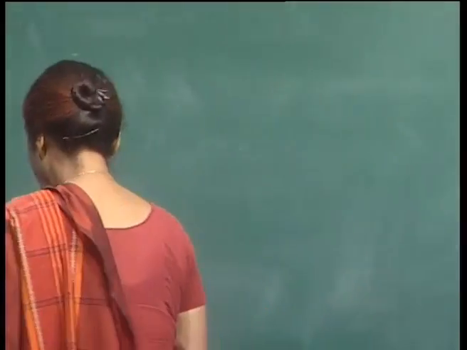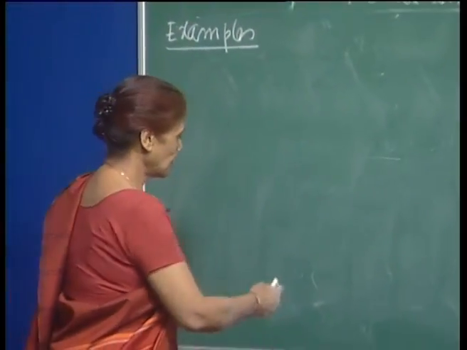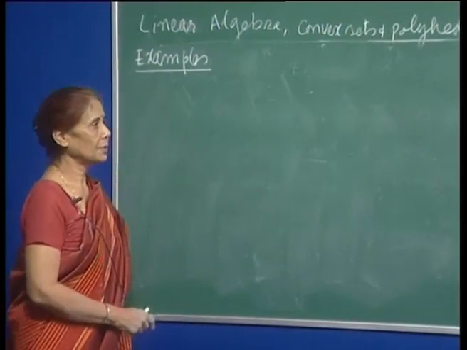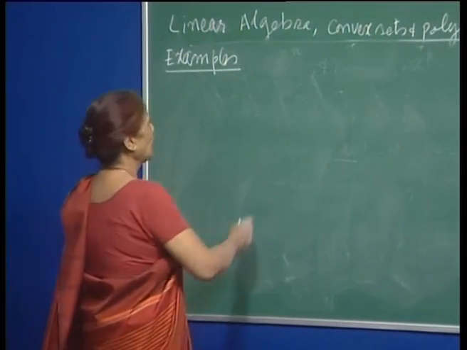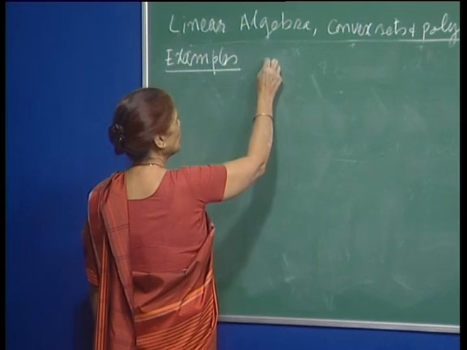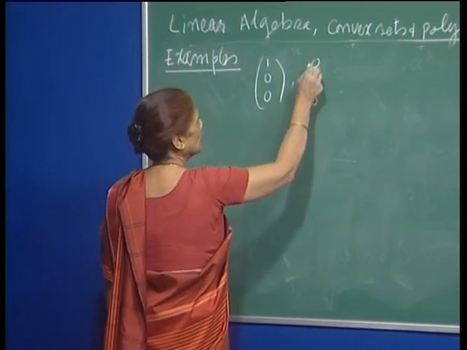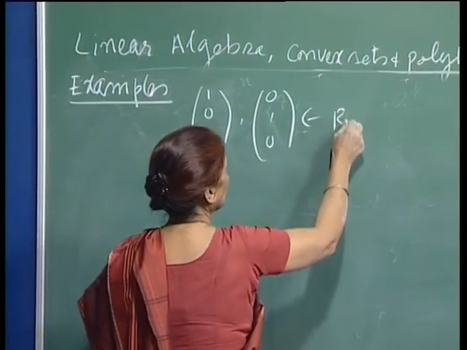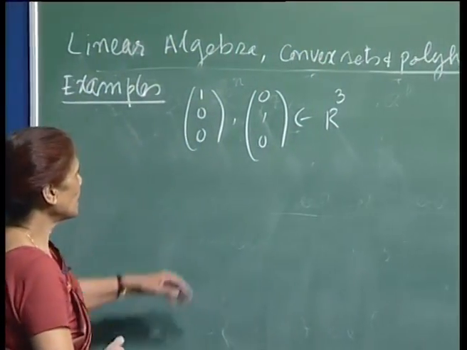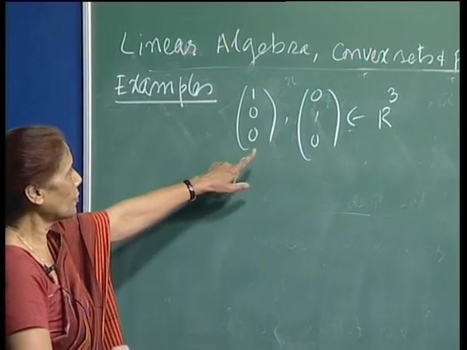So let us just look at the examples to illustrate the concepts that I have talked about here, and see if you can immediately see that if you take, let us say, these two vectors, these belong to R3, right? Then obviously these two vectors, 1 0 0 and 0 1 0, cannot form a spanning set.